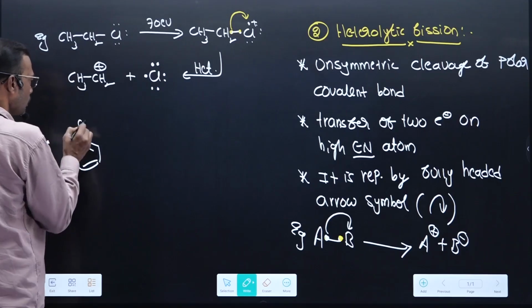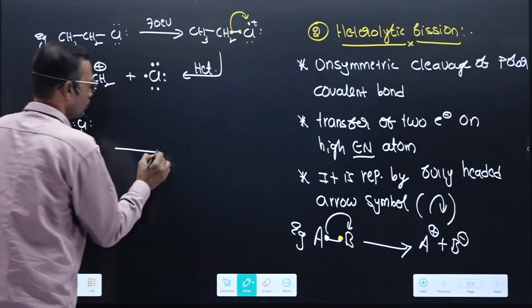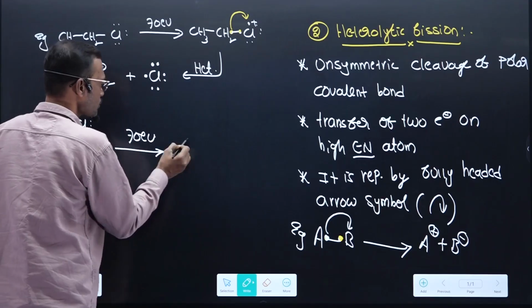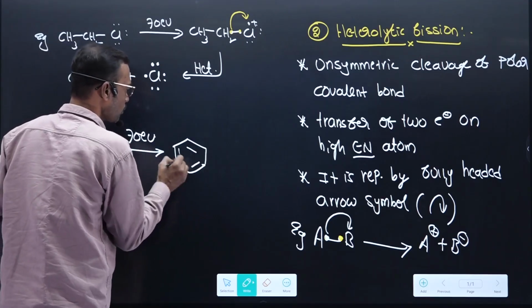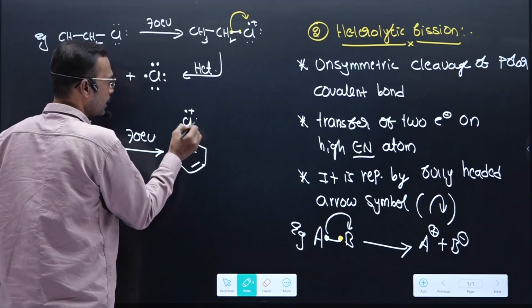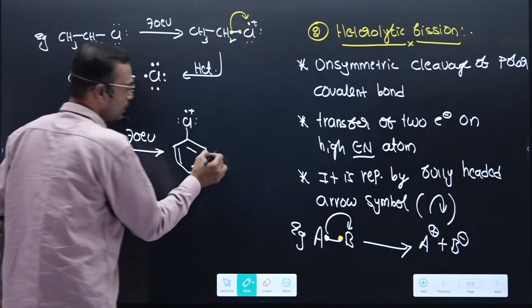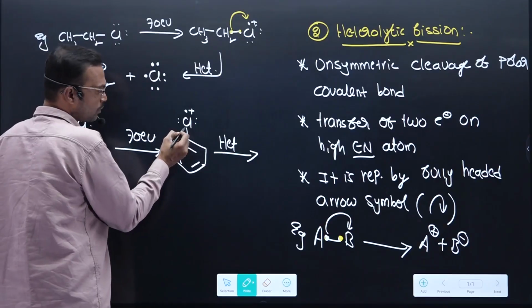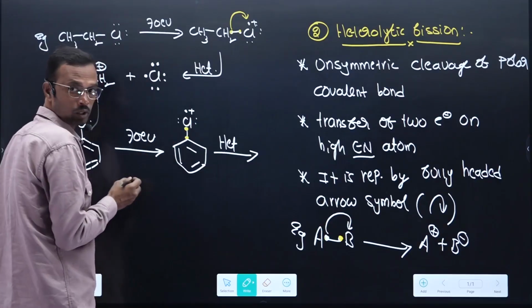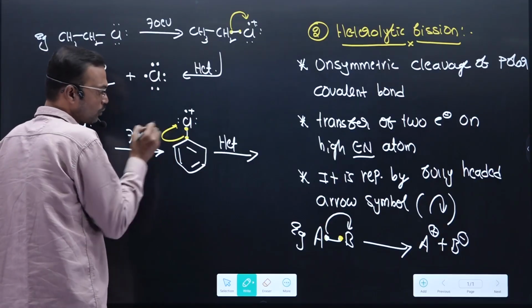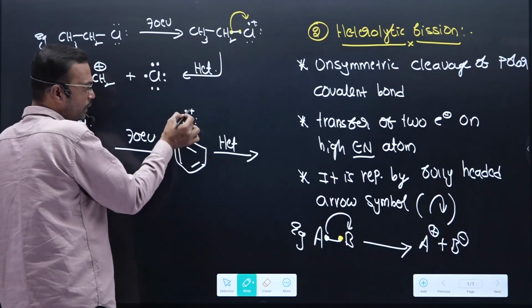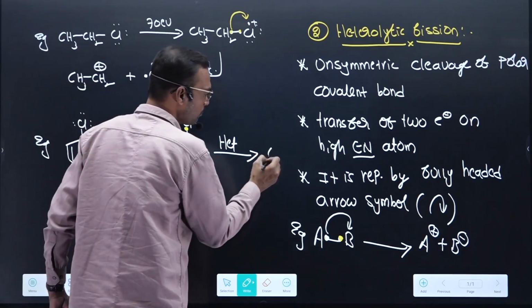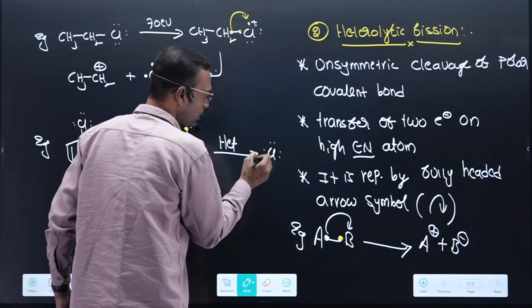Suppose I take chlorine, same. Chlorobenzene, 70 electron volts. If I remove one electron from chlorine, then chlorine carries a radical cation with 2 lone pairs. Now go for heterolysis. Then what will you expect? See here how many electrons are present between chlorine and carbon? 2 electrons. Transfer this electron to chlorine. If this electron is added here, chlorine has lone pair, lone pair, lone pair and 1 electron.